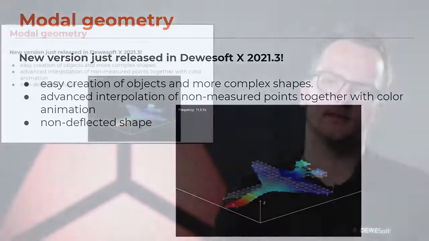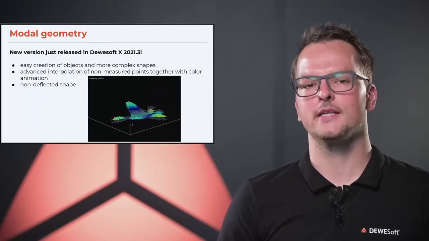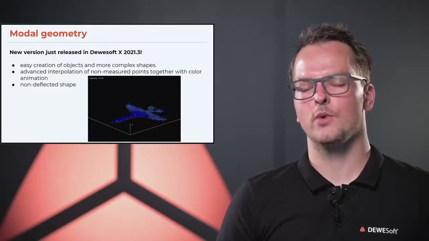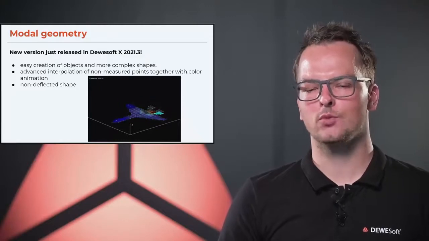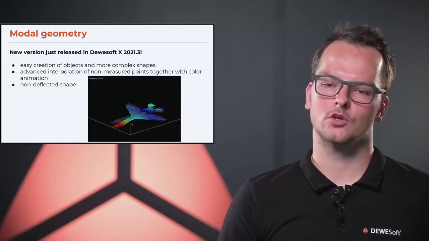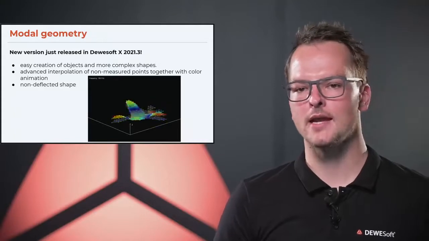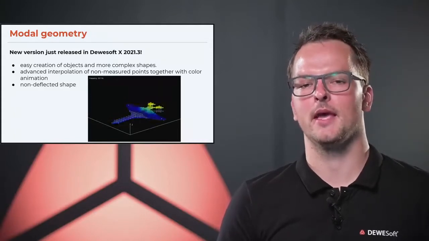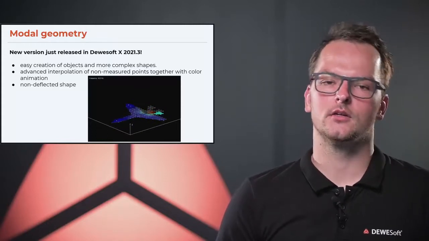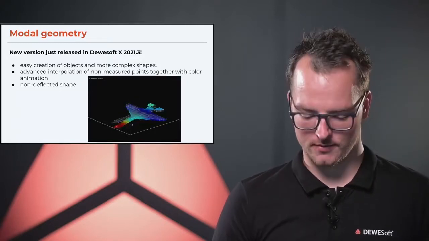We also implemented advanced interpolation of non-measured points together with color animation. In the previous versions we could only animate the points that we actually measured, and now you just need to connect the unmeasured point with a measured point with a line, and the unmeasured point will be animated too. We also implemented the possibility to show the non-deflected shape together with the deflected shape.